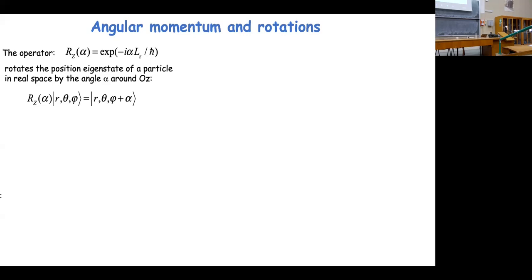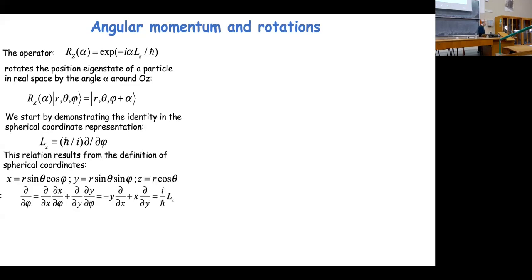So this operator has as eigenvalue e to the minus i m alpha on the state l, m. And I will show you that this operator describes indeed rotations. This is explained in a few lines on this slide.